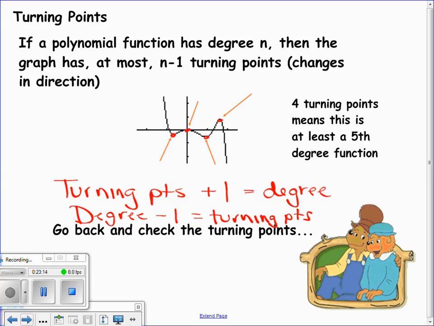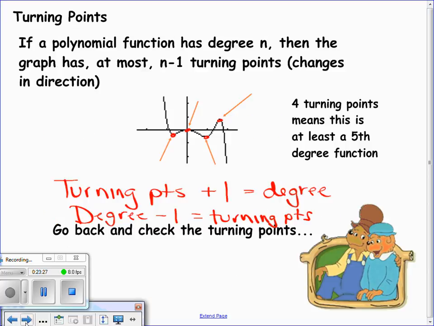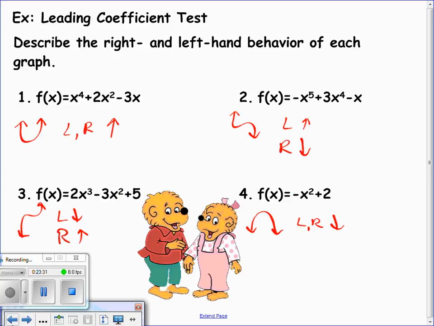This is a 5th degree. So let's go back and look at some of the problems that we just did. Let's talk turning points. If this is 4th degree, how many turning points will it have? At most, degree minus 1 is how many turning points? So this would have, at most, 3 turning points. I'm being lazy again. 3 TP.